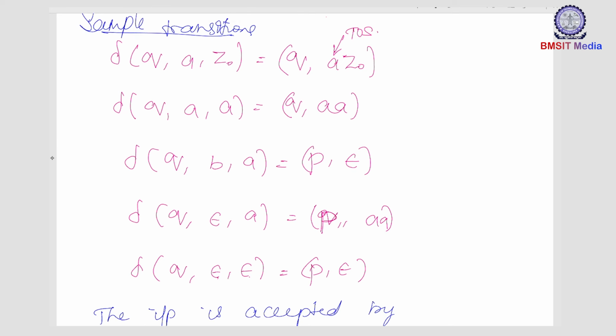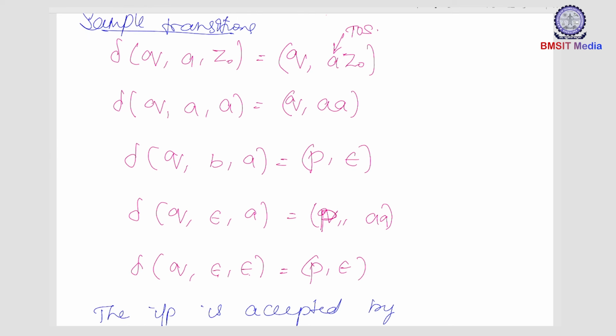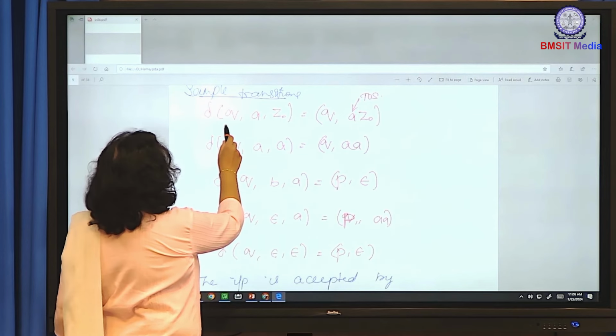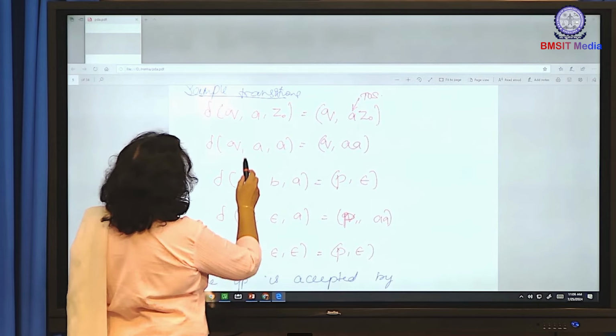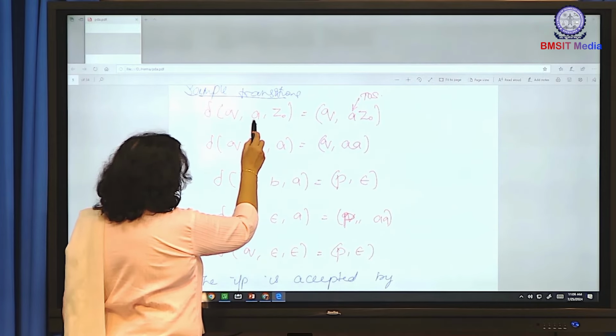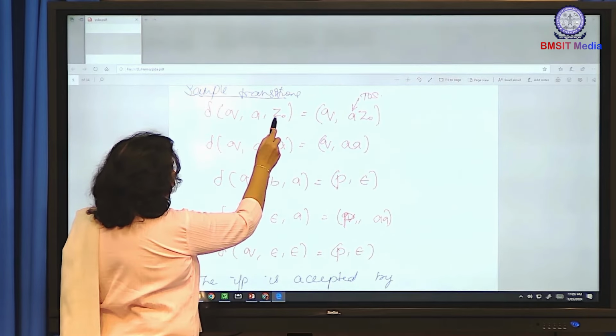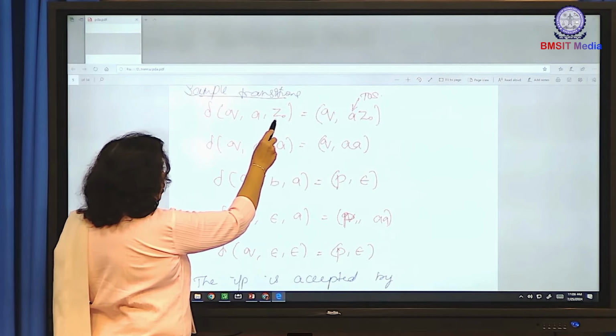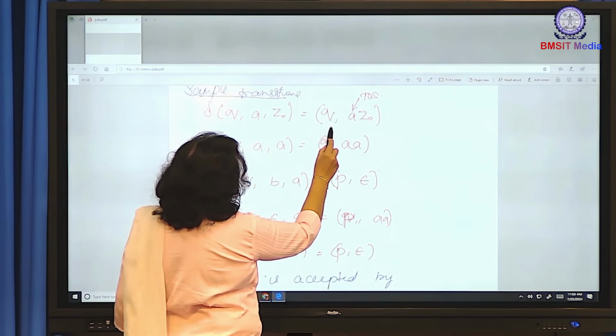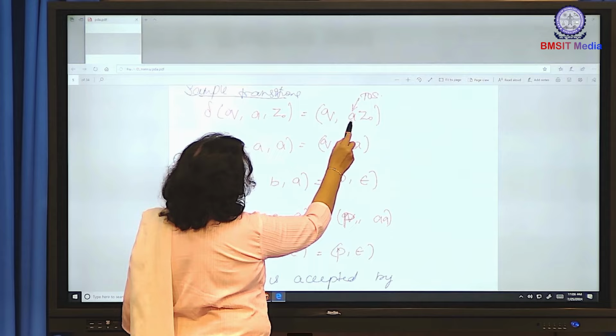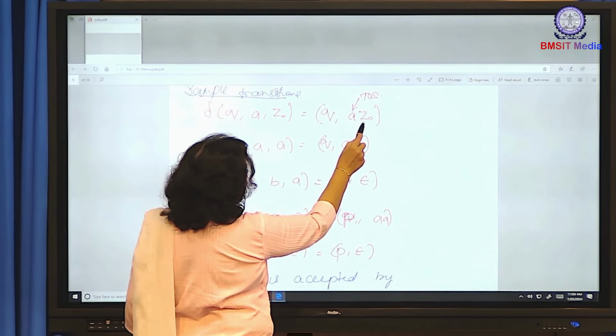The sample transitions go like this. Delta of (q, a, Z0) = (q, aZ0). It means when we are in state q, on reading the input symbol a, when the top of the stack is Z0, we remain in state q by pushing a onto the top of the stack.